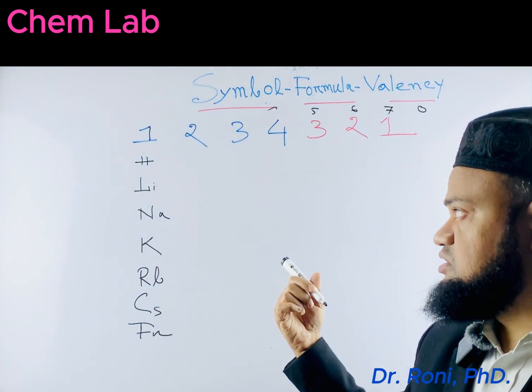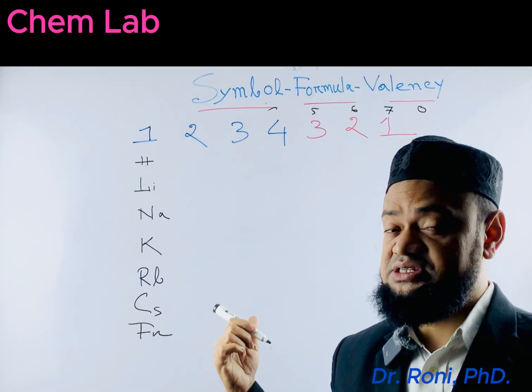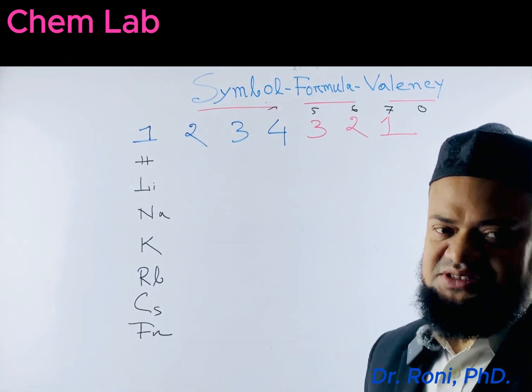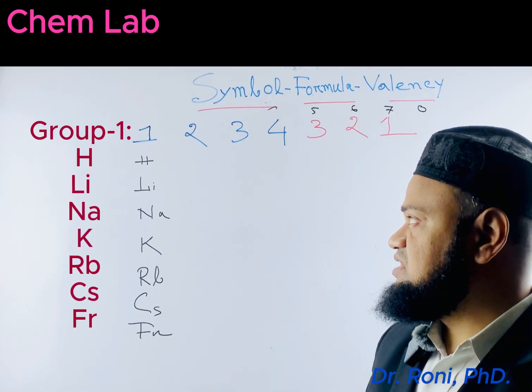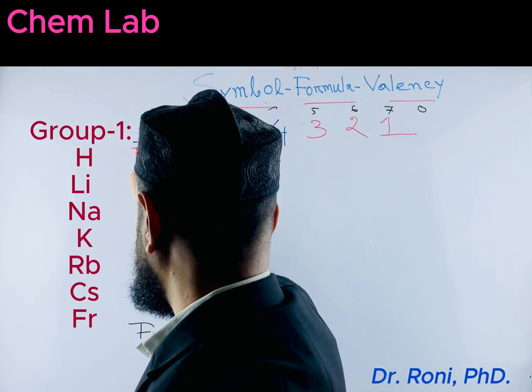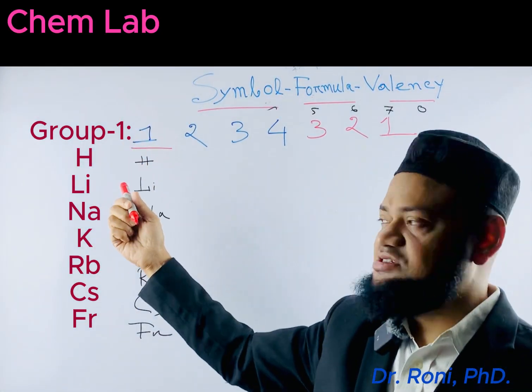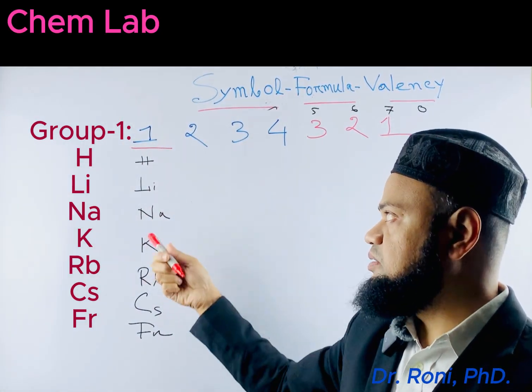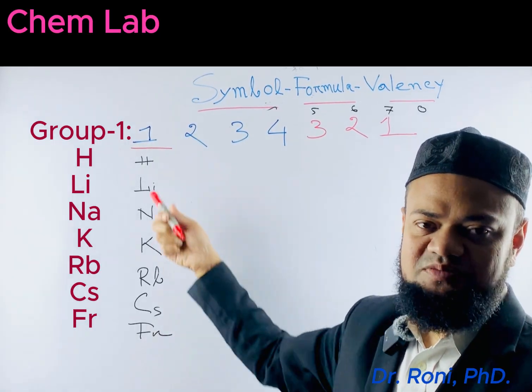If we can learn these things, it could be a master class to understand the valencies. All the elements of group 1 have valency only one. That means the valency of hydrogen is 1, lithium 1, sodium, potassium 1, rubidium 1, cesium 1, francium 1.